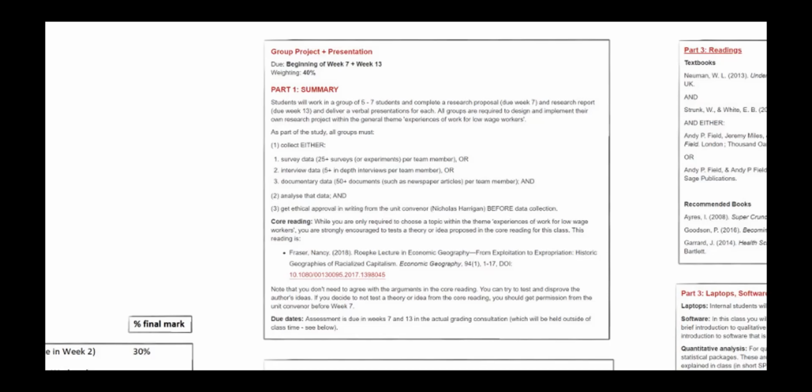They basically think that you guys are not responsible enough to do interviews, or there are too many dangers around doing in-depth interviews, both to yourself and to potentially the participants. So instead, your choices are between the survey and the documentary data.